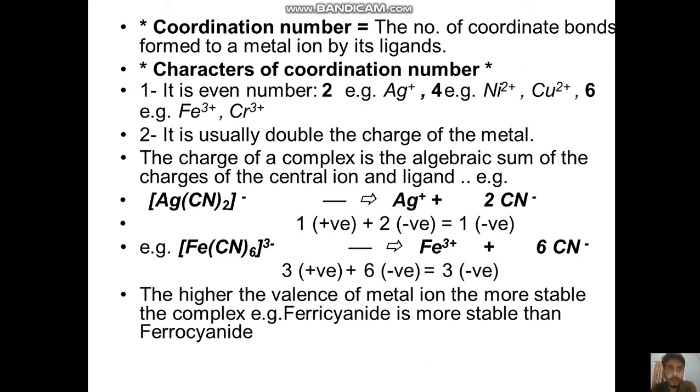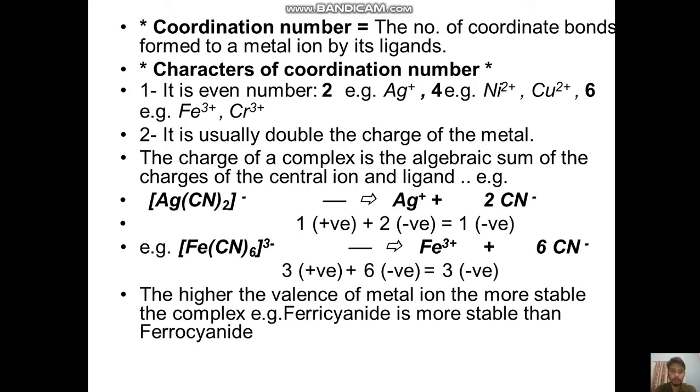Here you can see I have given the examples also: argon, neon, copper, chromium. The charge of the complex is the algebraic sum of the charges of the central ion and the ligands. Example, I have given the reaction. Here you can see Ag forming with CN and Fe forming with Cl.